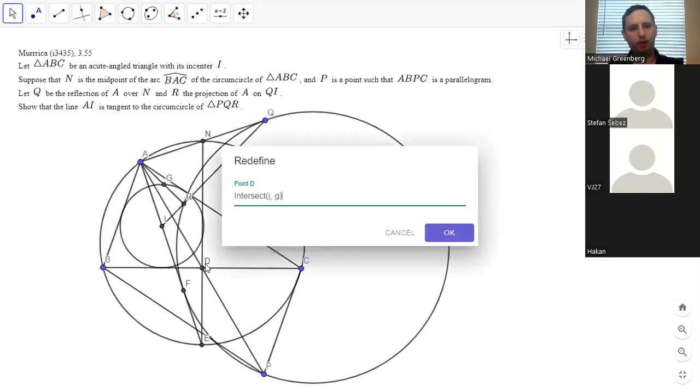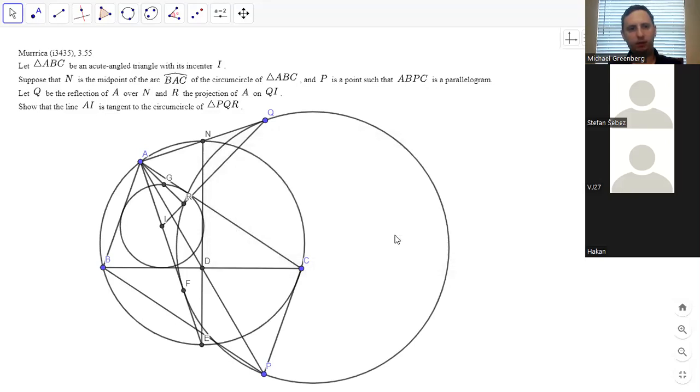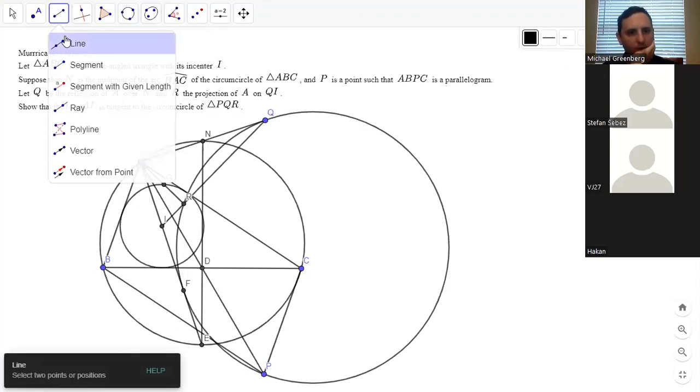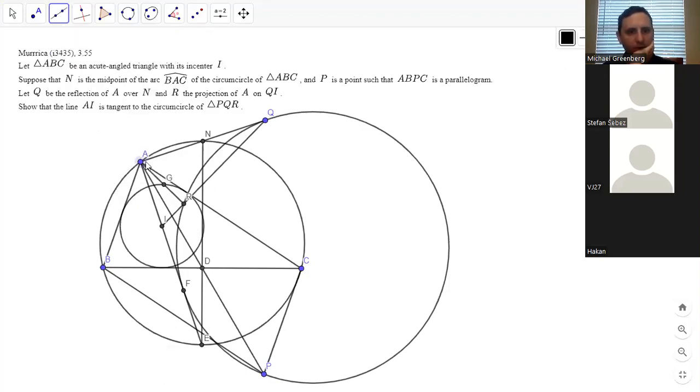Yeah, but we don't have the midpoint of AE. Is AQ tangent to that circle? It almost looks like it. Let's see.